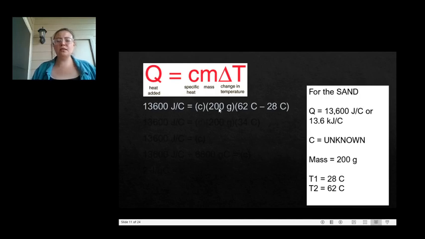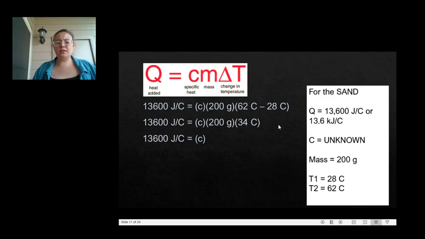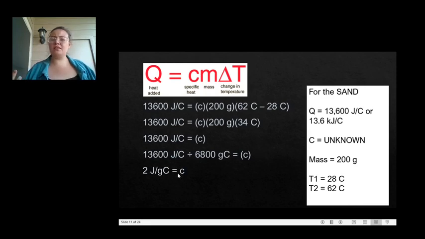We don't know C, equal mass, and the change in temperature. We do the subtraction, we get 34, multiply, divide, and we get 2 joules per gram Celsius is our specific heat, which makes sense because that's twice as low as what we saw with the water.